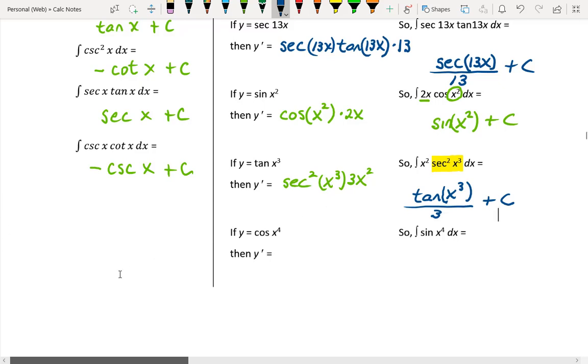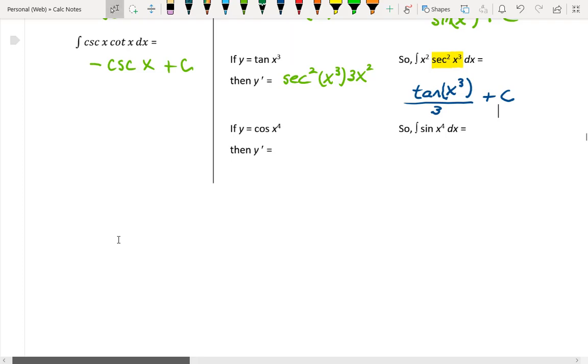We got one more here. So the derivative of cosine x to the fourth, the derivative of cosine is negative sine x to the fourth times the derivative of the inside material, which would be 4x cubed. We go over to the right, and I want to take the integral of sine of x to the fourth.